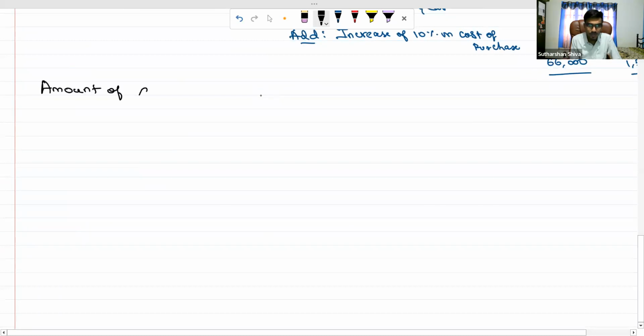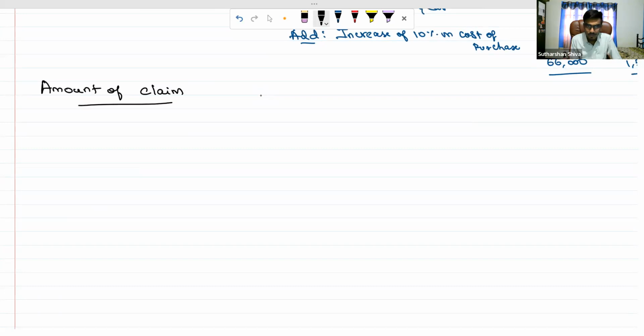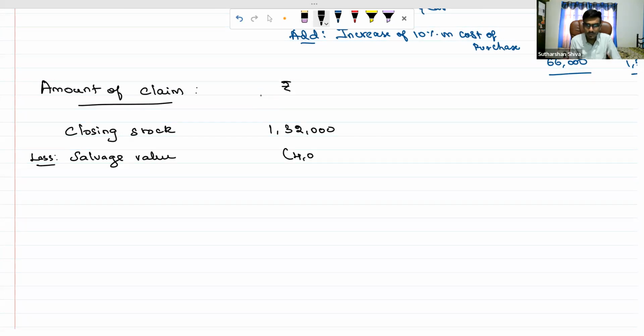Amount of claim is equal to what is the closing stock? Closing stock is 1,32,000. What is the salvage value? Salvage value is going to be 4,000.